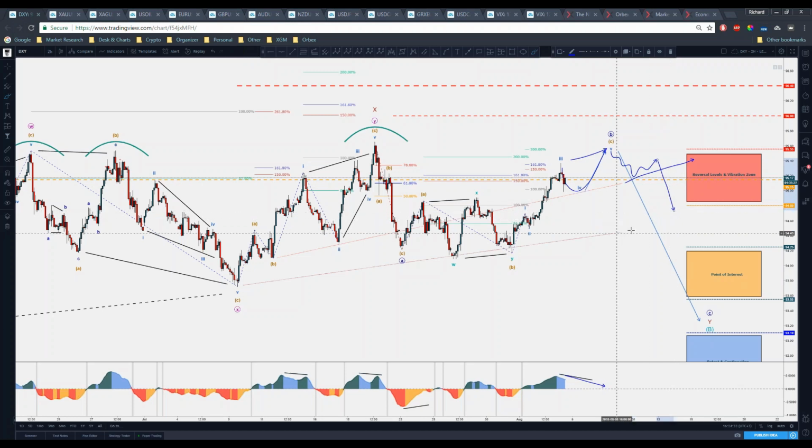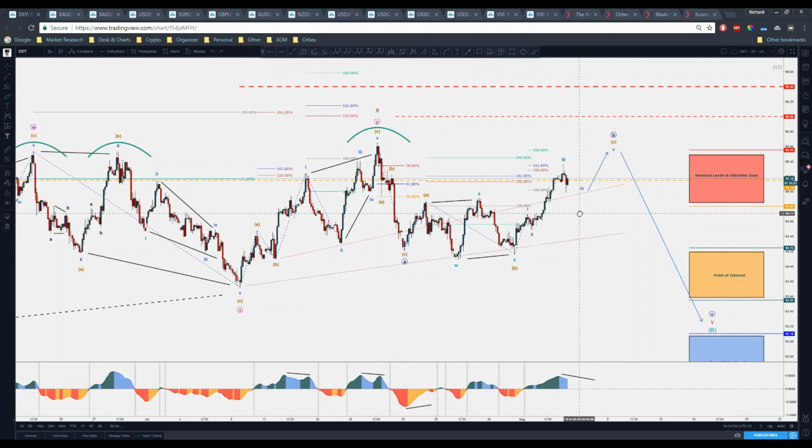If it breaches even this one, then a larger degree correction could unfold here. If it manages to show that, I would be very happy to see it. But the main thing is to give that bearish divergence. Then there is the alternate, bullish scenario.